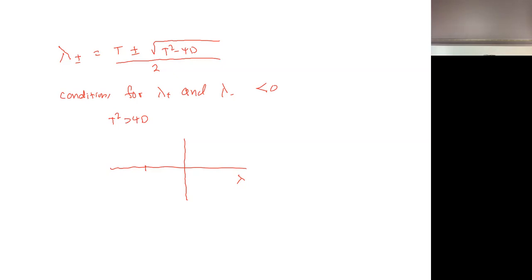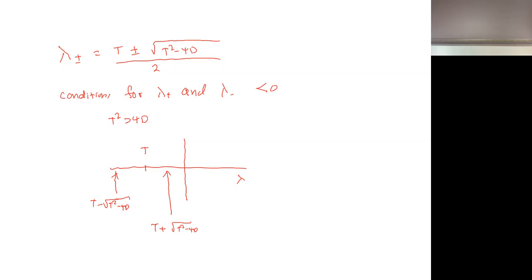This is T. I deliberately drew T negative, and as we'll see, T has to be negative. Then it's plus or minus the square root of T squared minus 4D. So this point will be T plus the square root of T squared minus 4D, and this point will be T minus the square root of T squared minus 4D.